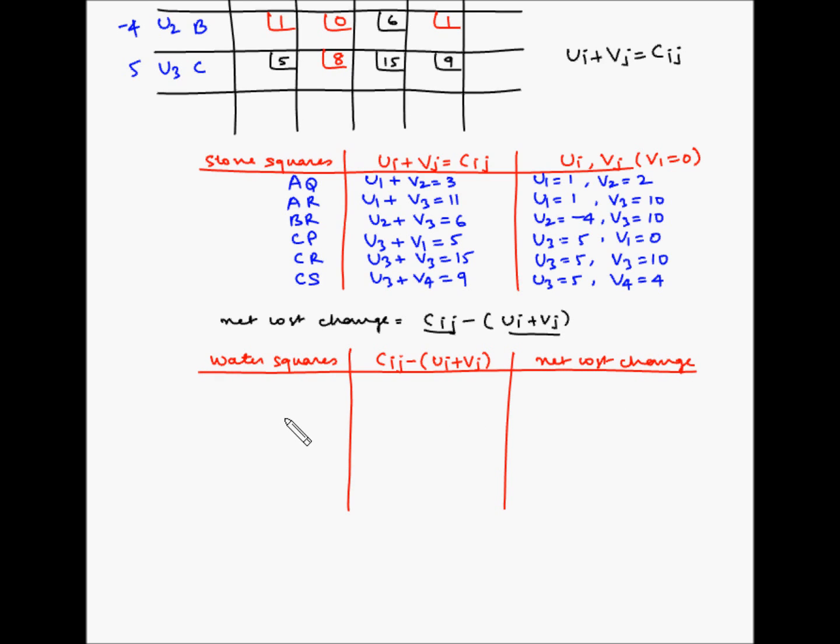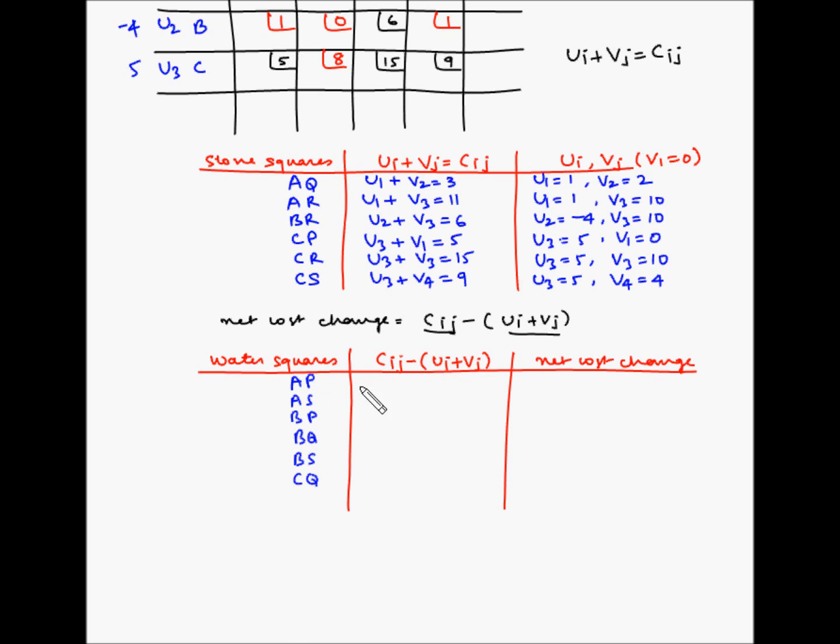So the water squares are AP, AS, BP, BQ, BS and CQ, and let's plug in the values of Cij, Ui and Vj.